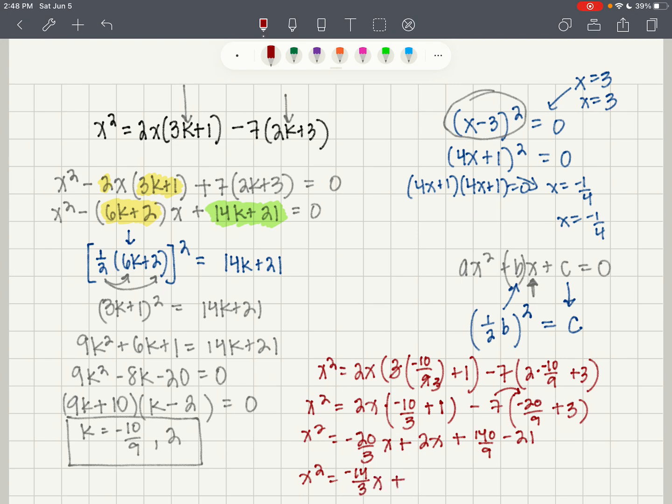Plus 140/9. Let's see if I get that common denominator. I'm going to have 189 minus 140. That's 49/9. So that would be a minus 49/9.